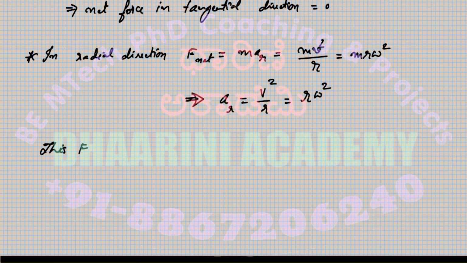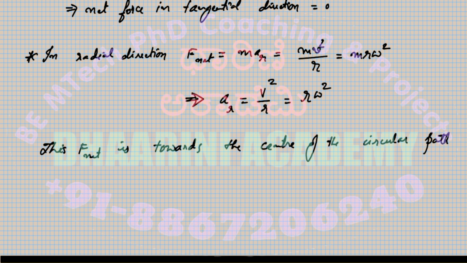This F net is towards the center of the circular path, and it has a name: it is called the centripetal force.